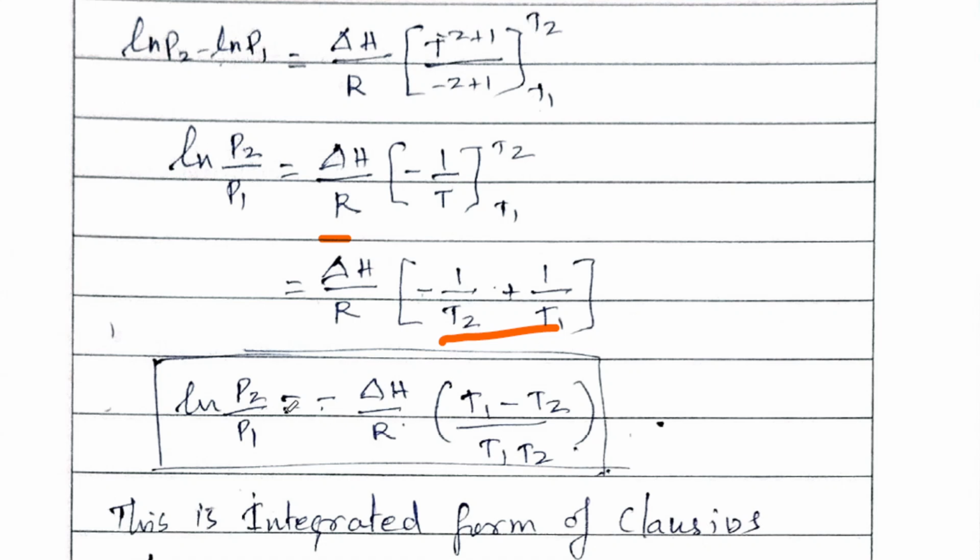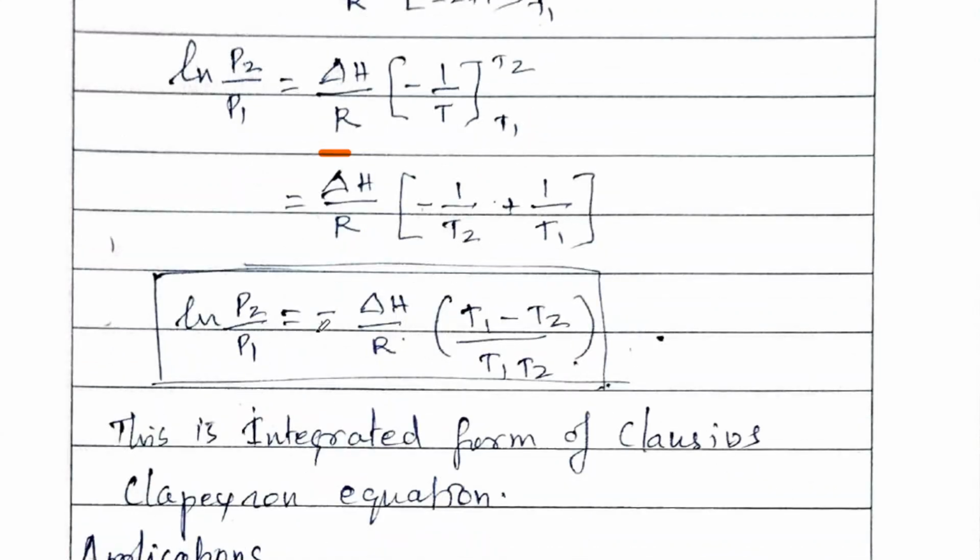Now therefore this ln P2 by P1 is equal to minus delta H by R, since I took this minus outside, and this will become T1 minus T2 upon cross multiplication, divided by T1 T2.